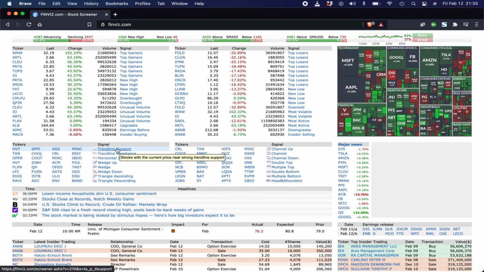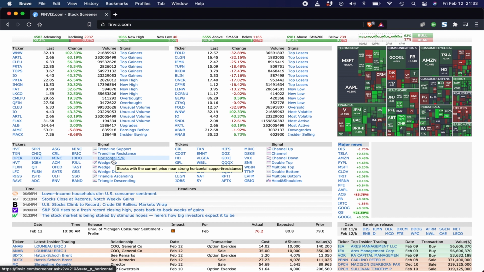Now you could go long on some of these stocks once you look at the full stock chart and once you understand what the trend is. Trend line resistance, these are the stocks with the current price near strong trend line resistance. Again, you can look at potential shorting opportunities, but then you have to look at the full chart to get that picture in mind before you take some decisions to trade.